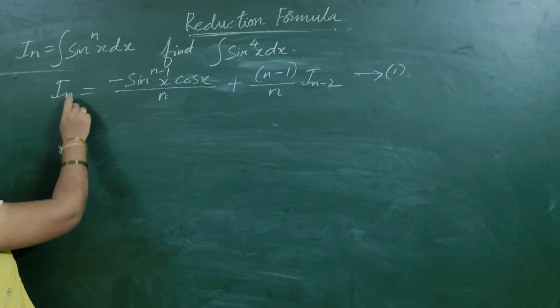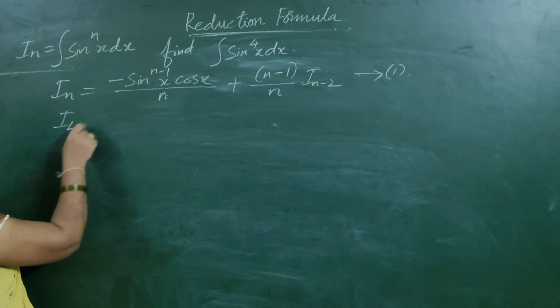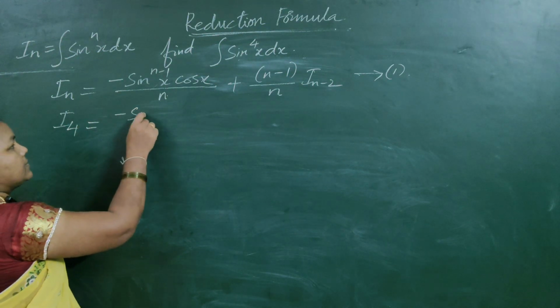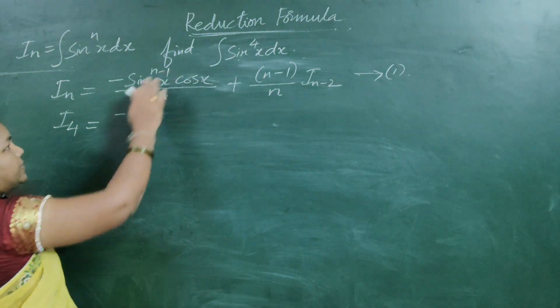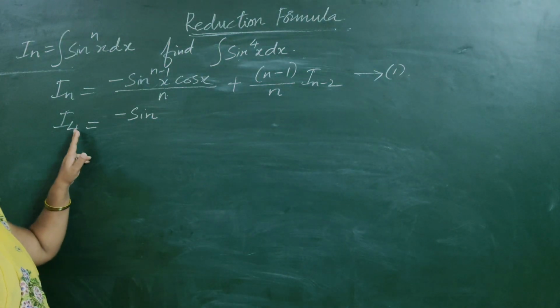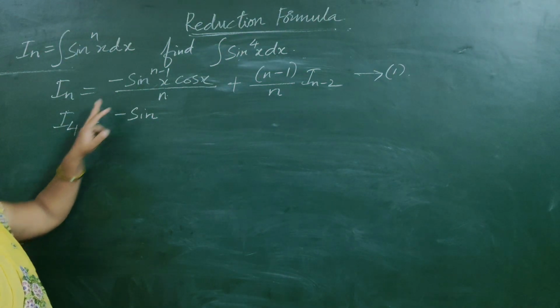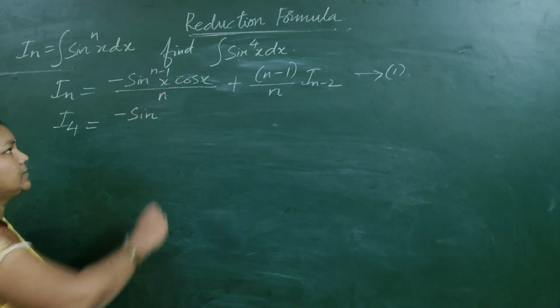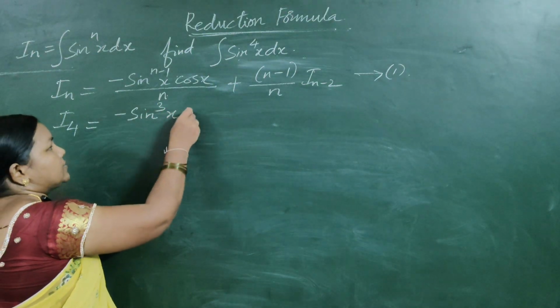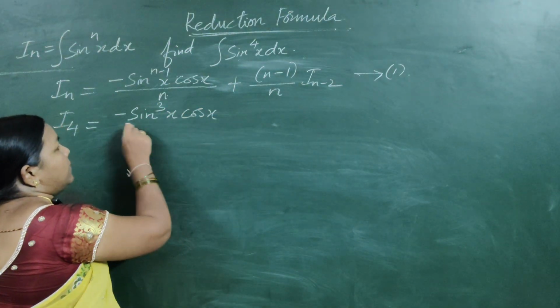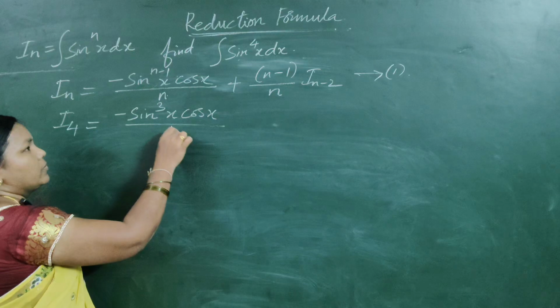That is, I n means I4. I4 equal to minus sine to the power of n minus 1. Here what is the n value? The n value is 4. 4 minus 1 is 3, sine to the power of 3 x cos x by n value 4.